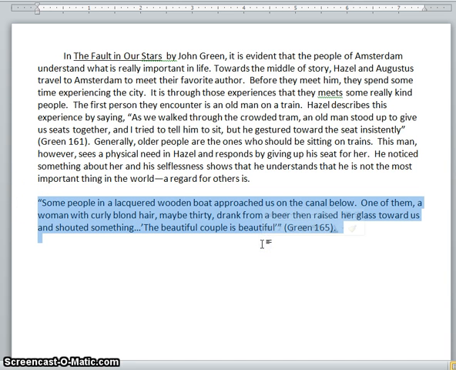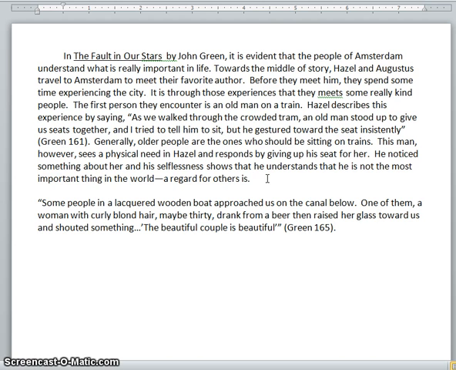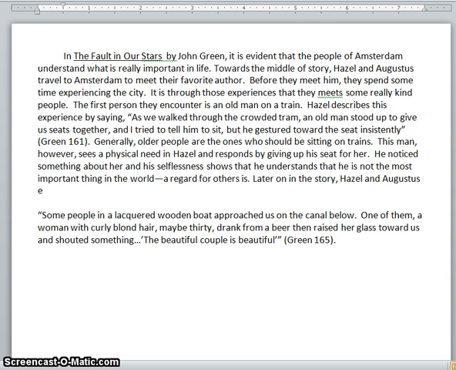So I need a transition word, and I need more background. Probably not as much background as I provided at the beginning, but now I have to get Hazel and Augustus from the train to their table overlooking the water. So my transition word is going to be "later." Later on in the story, Hazel and Augustus experience another kind of kindness, which reveals this same theme.